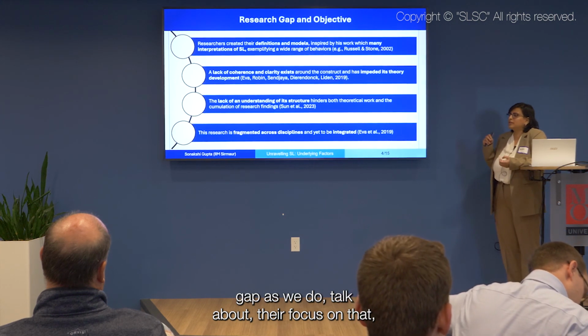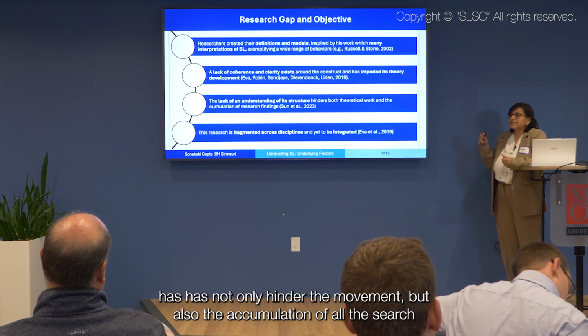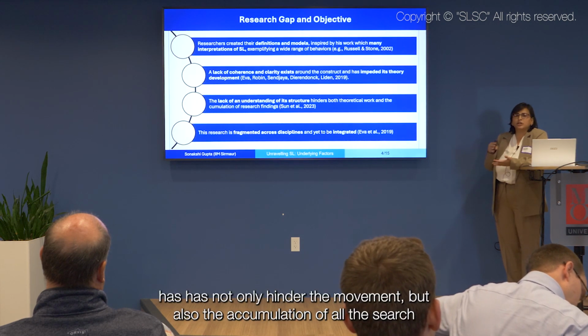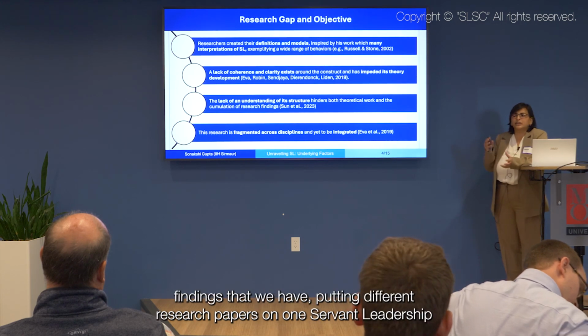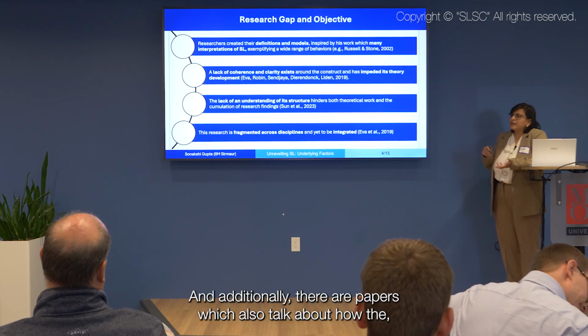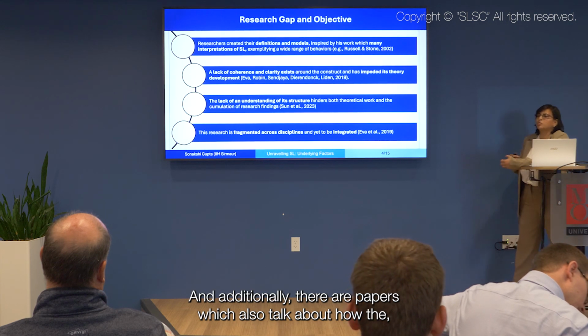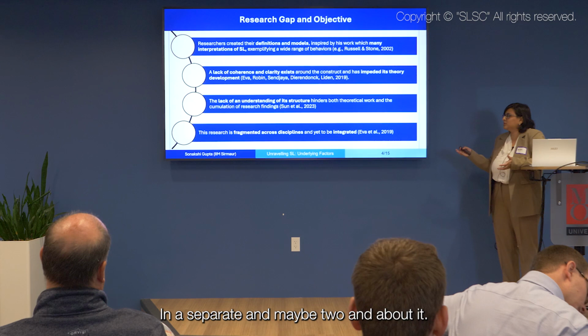They focus on how the lack of understanding of the proper structure of servant leadership has hindered not only theoretical development but also the accumulation of all the research findings that we currently have. Additionally, there are papers which talk about how the research is fragmented across different disciplines, and we need to integrate it.